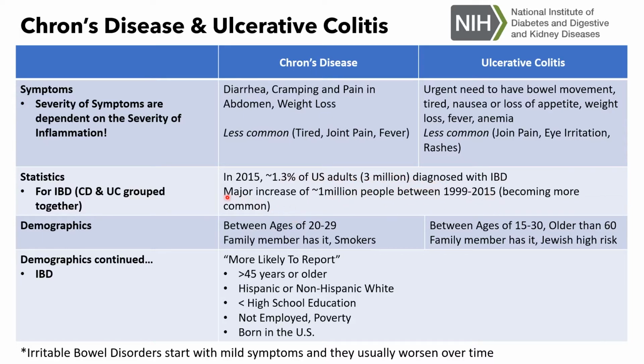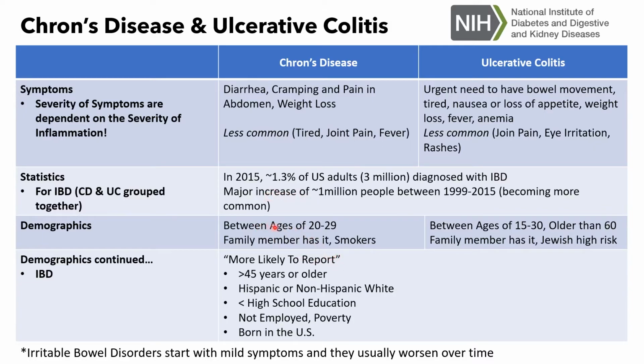And it's worth noting, because I mentioned this earlier, that the incidence of IBD has increased with time. We've seen about 1 million people added to this between 1999 and 2015. So that is actually a cause for concern that maybe Western diet or something about the environment here could be increasing the rate of IBD.